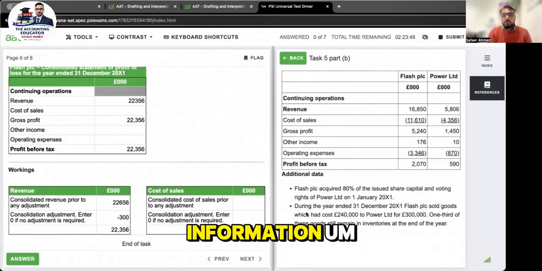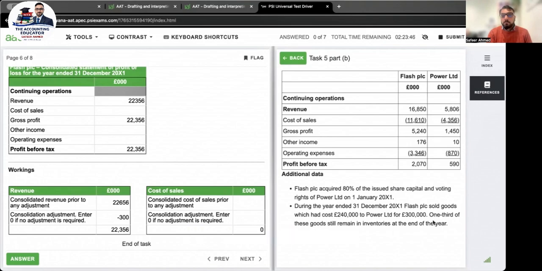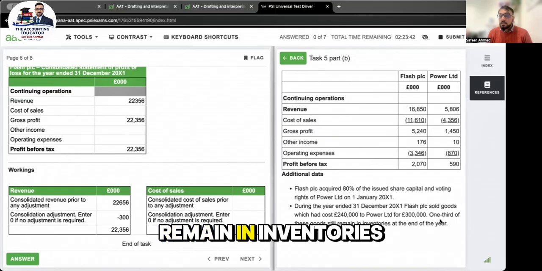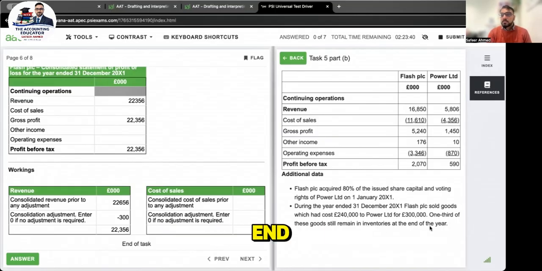So if you look at this information, they tell us that 1/3 of these goods still remain in inventories at the year end. First of all, the total profit is 60K, which is 300K minus 240K, and 1/3 of 60 is going to be 20.